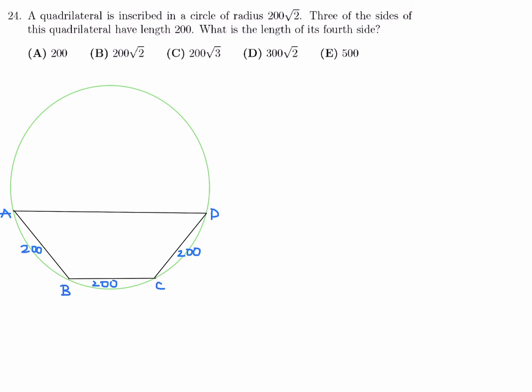Now, to put the radius on the diagram, I've got to draw the center. So probably here, and then let's just draw 2 radii, one to there and one to there. And now those red lines that I just drew have a value, 200 root 2. So I'll just put that up here instead of making the diagram messy.